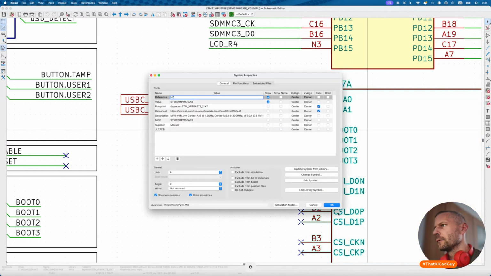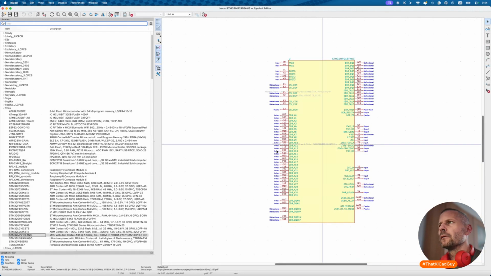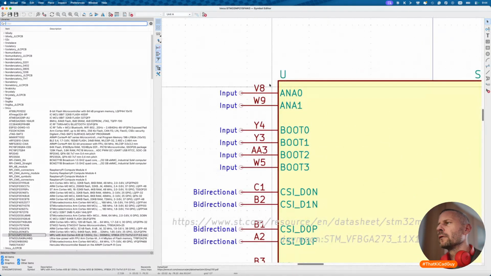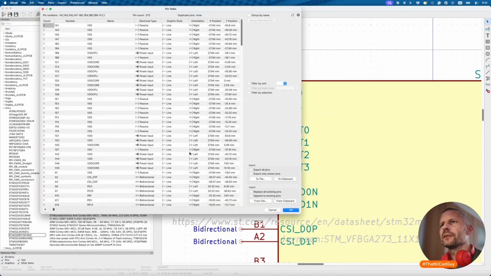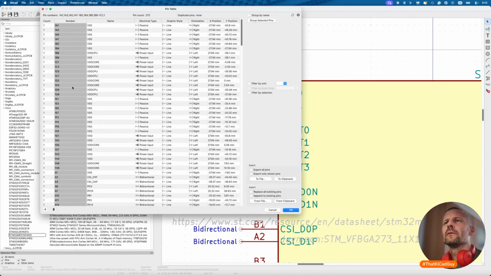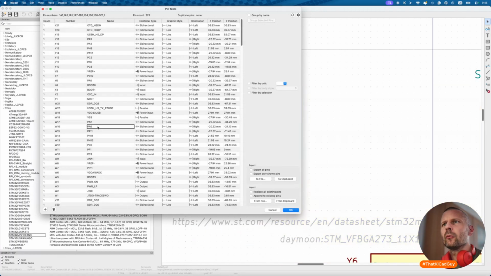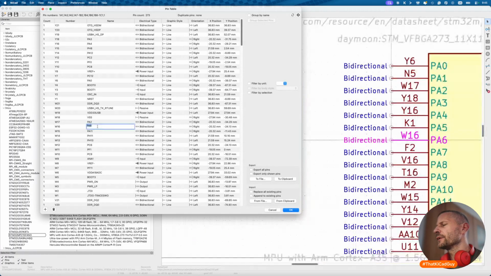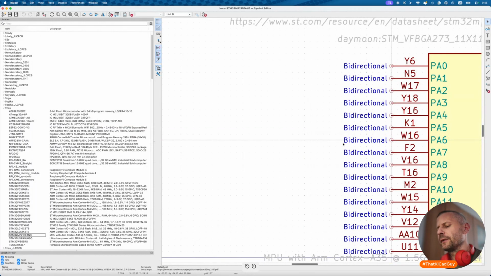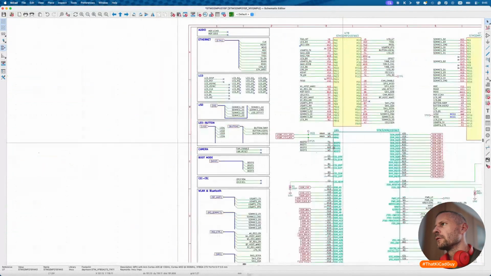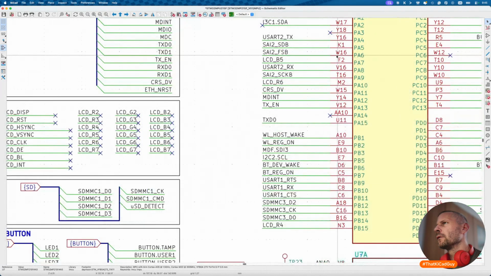CC1V8. Yeah. And towards W16. PA6, V16, PA6. It's a different signal.